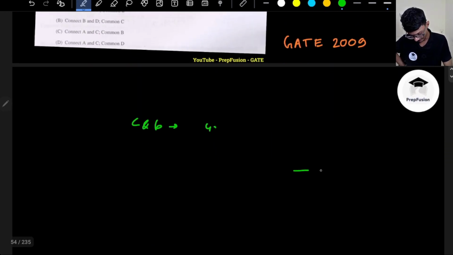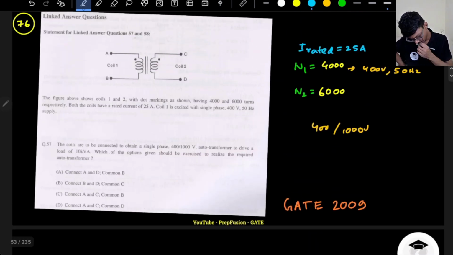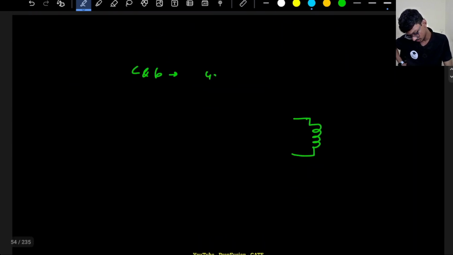So A and B is here. What I am doing is just connecting the C with B. Hold on, yeah, that is correct only. I should connect the C with B.